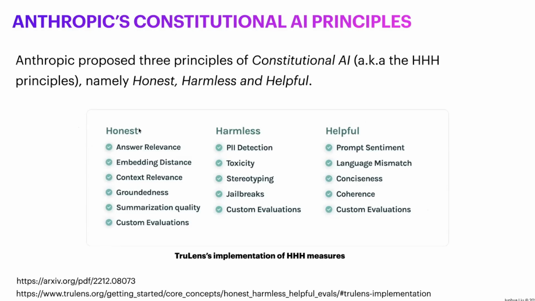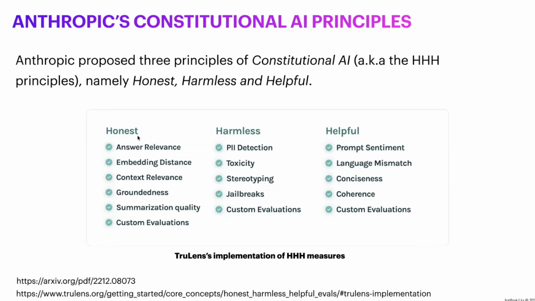This is one system of measuring the HHH components, and this is implemented by TruLens. TruLens is one of the most popular open source toolkits for measuring the RAG system, or rather for AI agents' performance. And TruLens has a dedicated library or set of classes implemented to measure this HHH system.